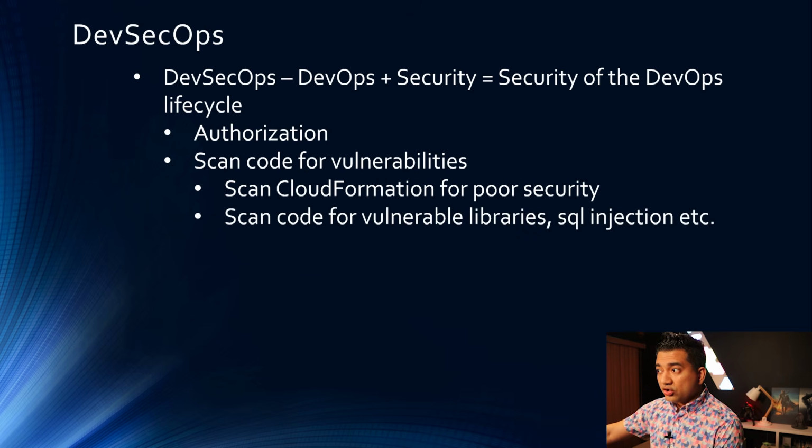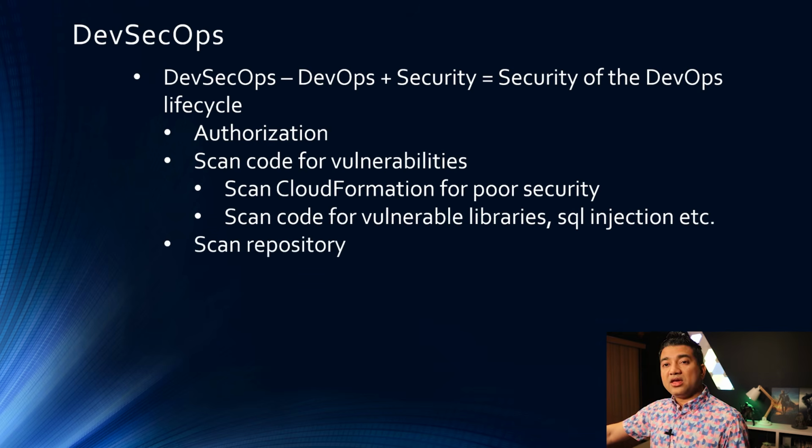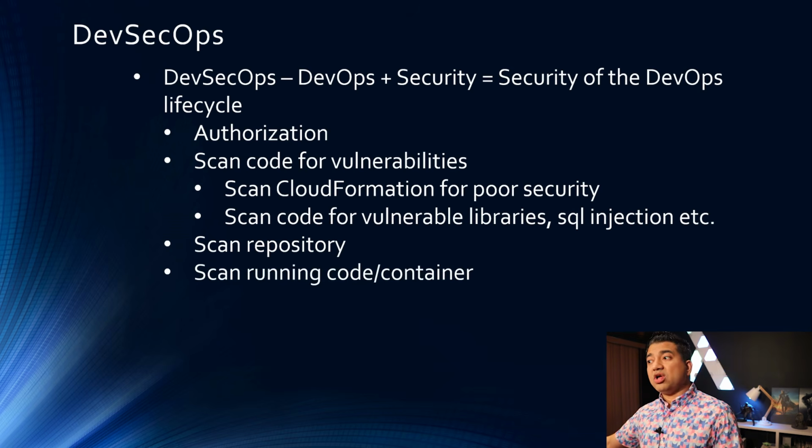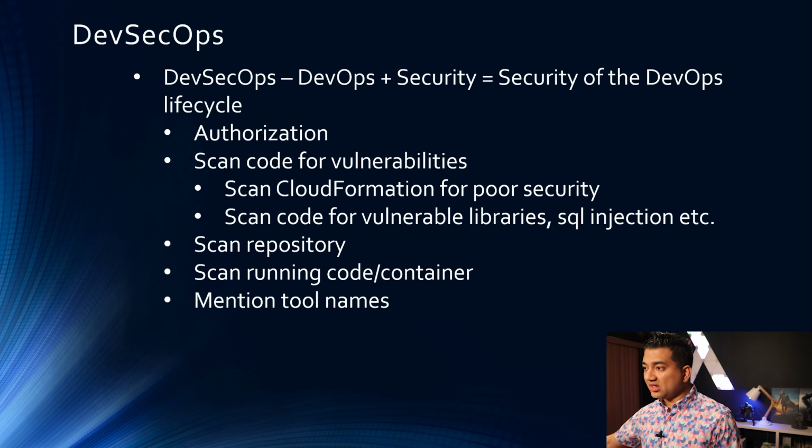You can scan code for vulnerable libraries, SQL injection, etc. Like if you're using some library in your code which is not secure, check against the OWASP top 10 vulnerabilities, etc. You also scan the repository for Docker container. You should scan the image and see if the image is secure. And you can also scan the running code and container. So when the code is running or the container is running in production, you should also scan that.